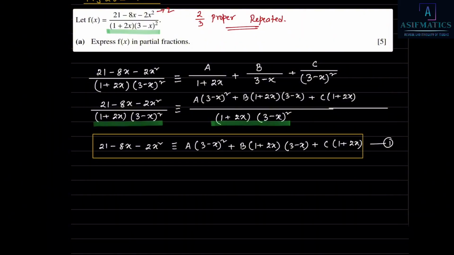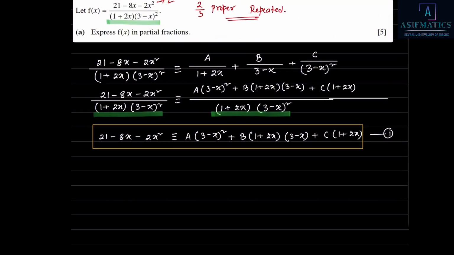Now we need to find out the values of a, b, c. How do we find them? Just take one factor at a time as 0 and put in the x value, so that we can find out one coefficient at a time. First we need to find the value of a, or you can choose any of a, b, c, it doesn't matter.